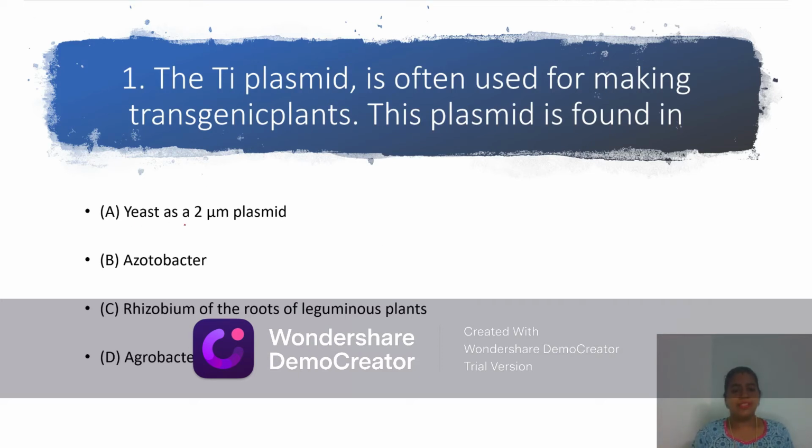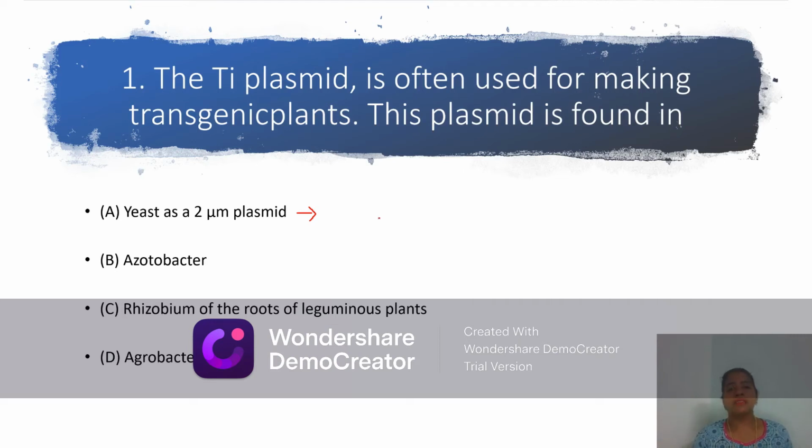Option A, yeast. The Ti plasmid is a plasmid, they are saying, found in yeast as a 2 micrometer plasmid. No.